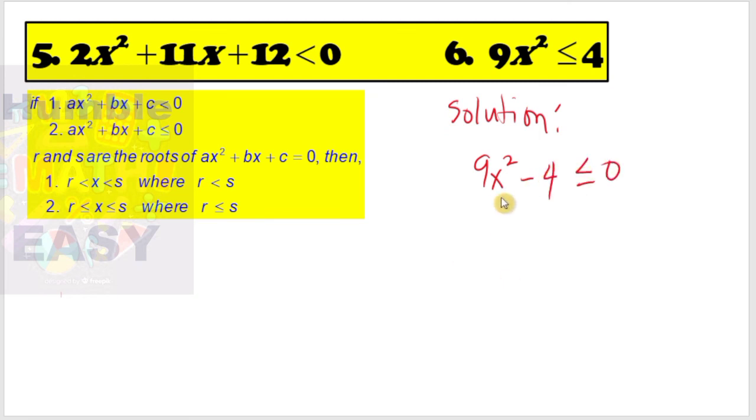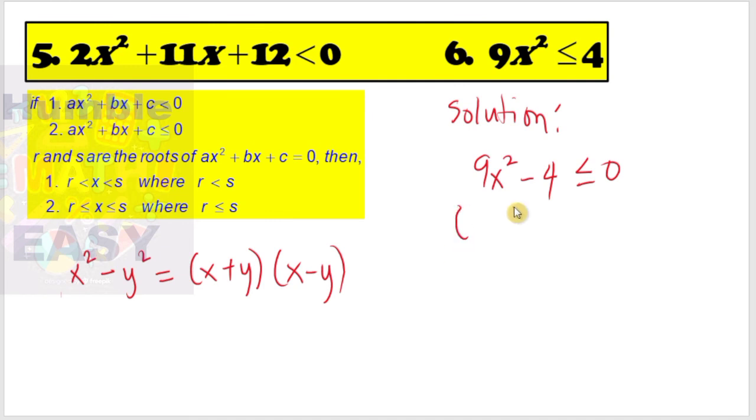Since this is a difference of two squares, there is a pattern for it: x squared minus y squared is equal to x plus y times x minus y. Since this one is a perfect square, we have 3x plus 2 and 3x minus 2.